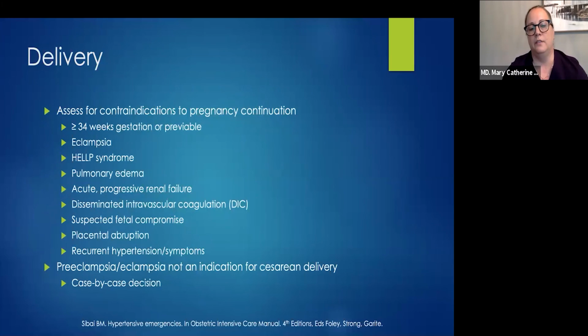So at 34 weeks gestation or in a pre-viable or peri-viable gestational age, we would recommend delivery. And then you can see there I've listed the other conditions. And then cesarean delivery for preeclampsia is a case-by-case decision, again, those conditions do not necessarily mandate a cesarean delivery.